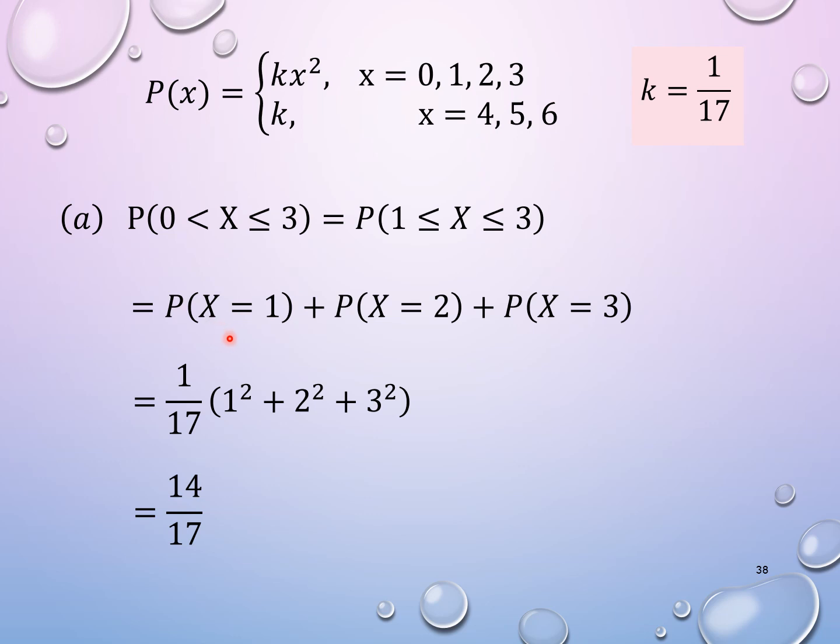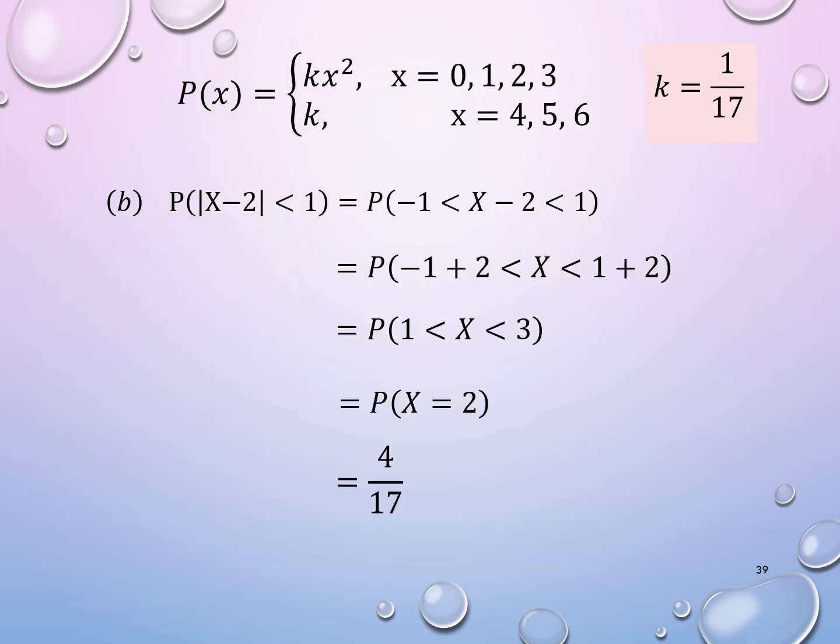The first one will be probability x equal to 1 plus probability x equal to 2 plus probability x equal to 3, up until 3. So 1 over 17, we know that our k is 1 over 17, times 1 squared plus 2 squared plus 3 squared. We only use this one because the values are 1, 2, and 3. So you get 14 over 17.